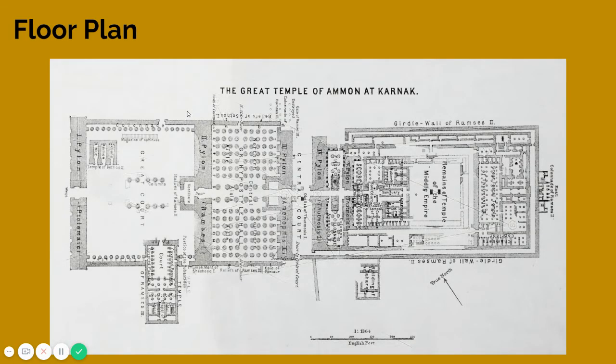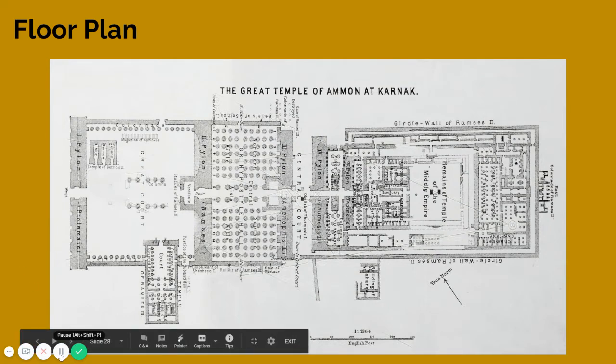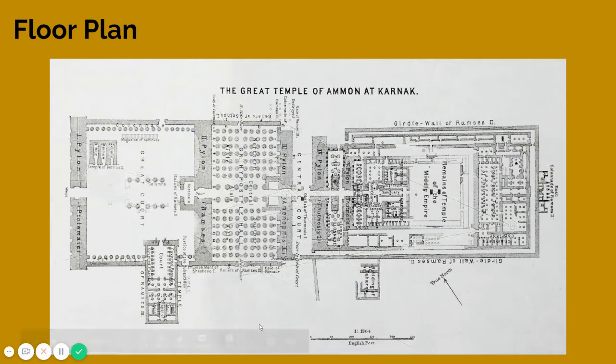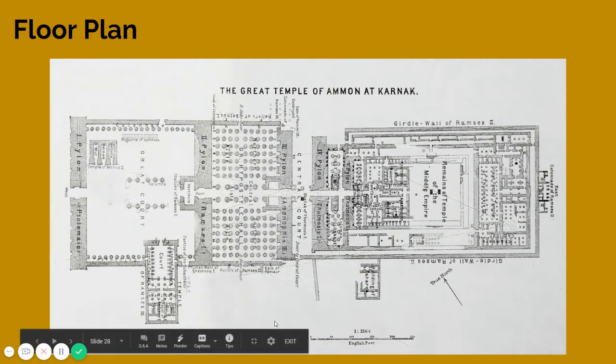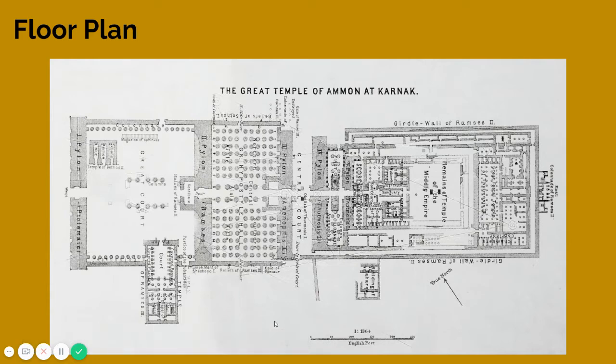A lot of times for these complexes or for these architectures, you're going to see some floor plans. When AP provides you with a floor plan, it's important to make note of some of the basic elements to the floor plan.